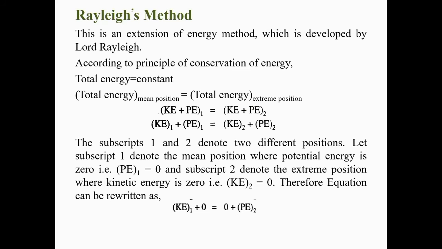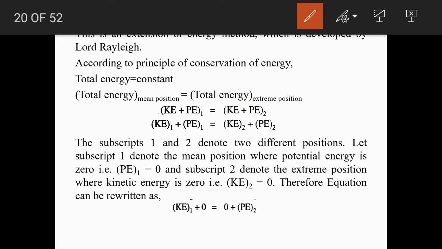Let the energy at the mean position be represented by subscript 1 and the energies at the extreme positions by subscript 2. Total energy is the summation of kinetic energy plus potential energy. So kinetic energy plus potential energy at the mean position would be equal to kinetic energy plus potential energy at the extreme position.